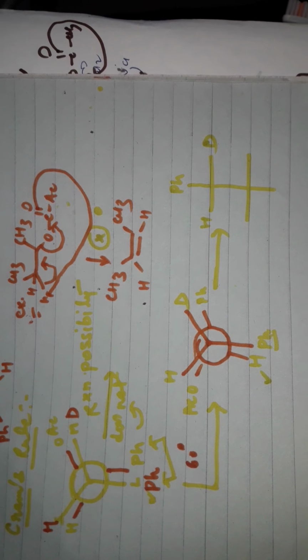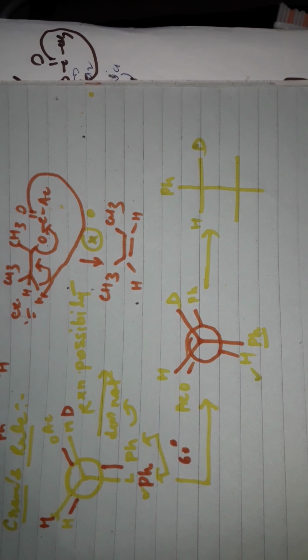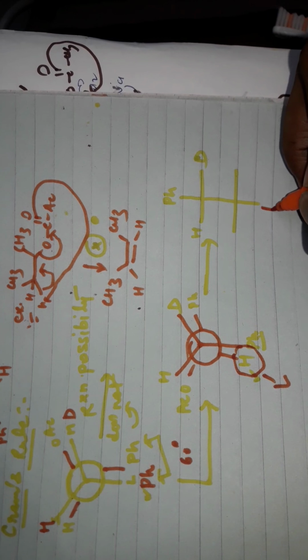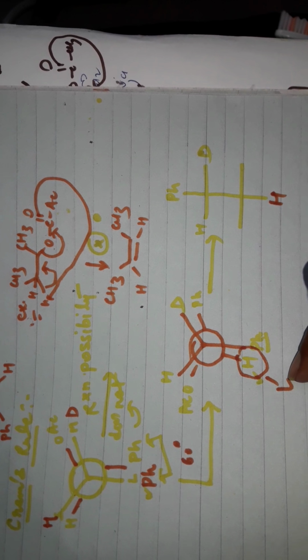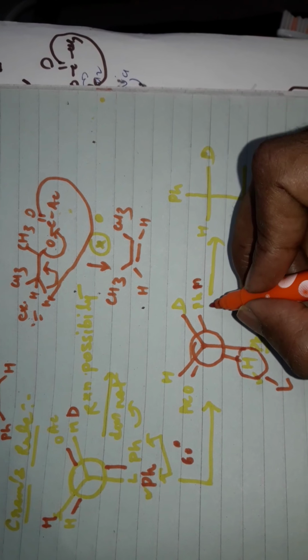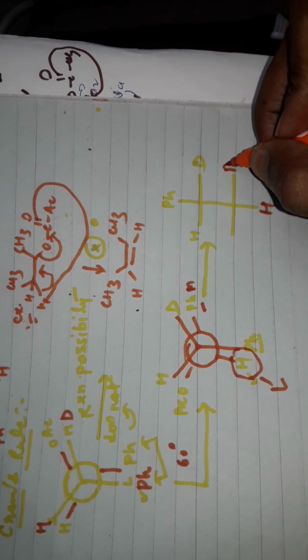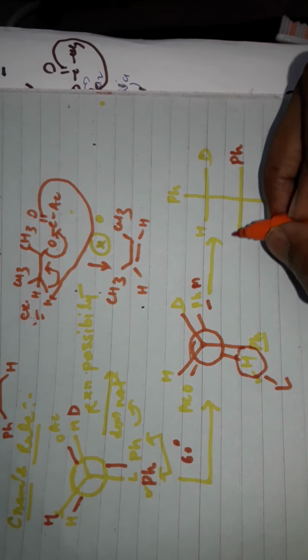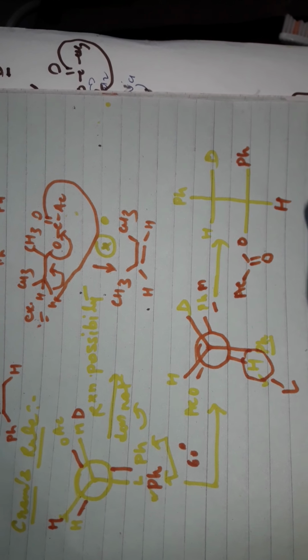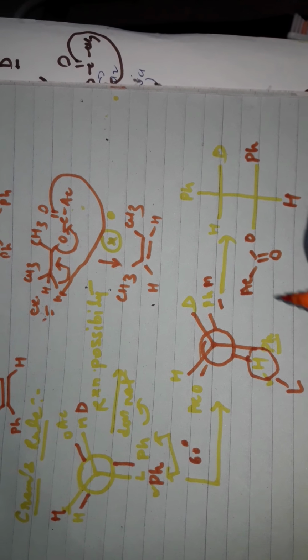Here hydrogen acts like a larger group, so you should draw from this one. This is the medium, which should be Ph, and the remaining is OAc. Understand?